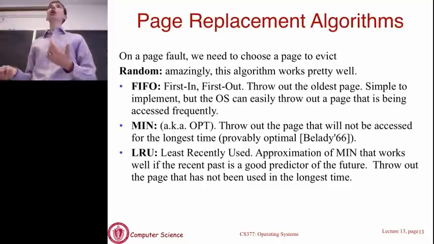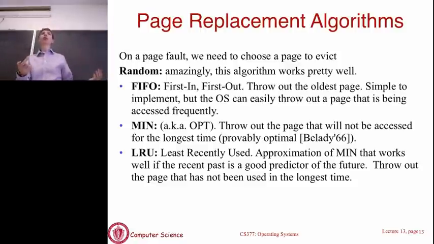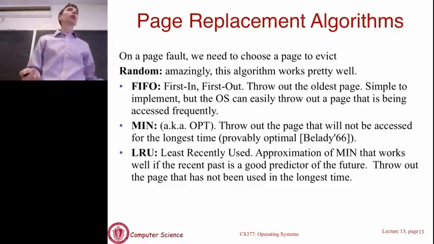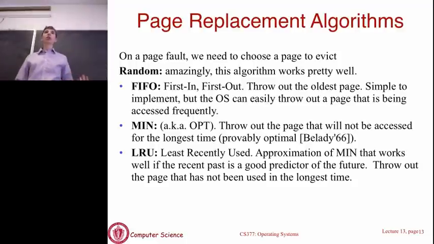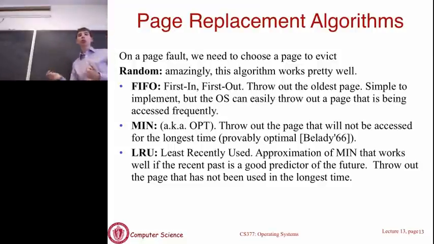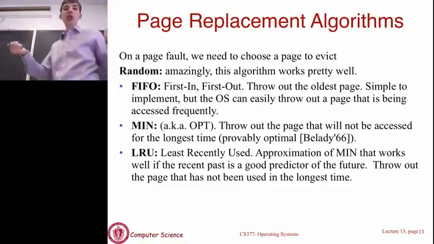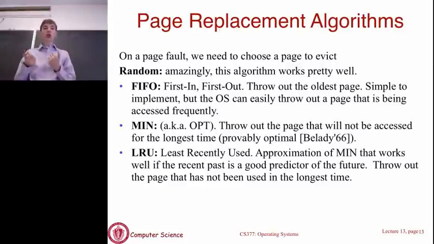So as you're bringing in pages, at some point you're going to have filled up all your physical memory. Now you're going to request another page that's potentially on disk, and you need to bring that into memory. Since memory is full, you need to choose an existing page of memory to replace. So we need some algorithm to actually do page replacement.